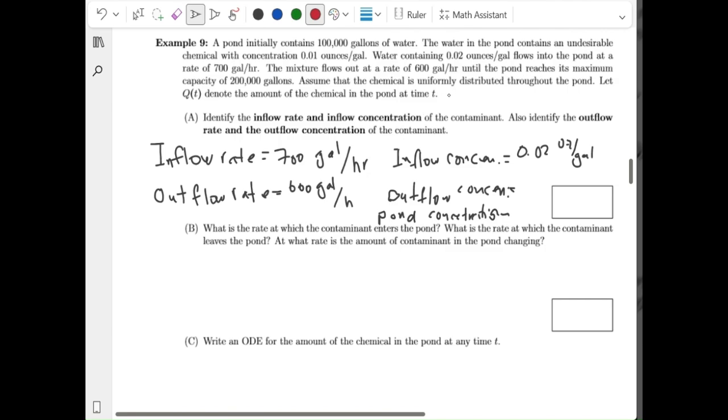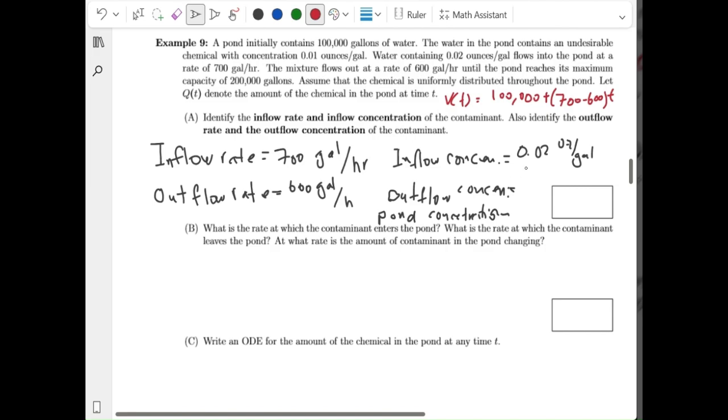So the pond starts initially with 100,000 gallons. And then at every hour, the difference between inflow and outflow is basically added to the volume of the pond.